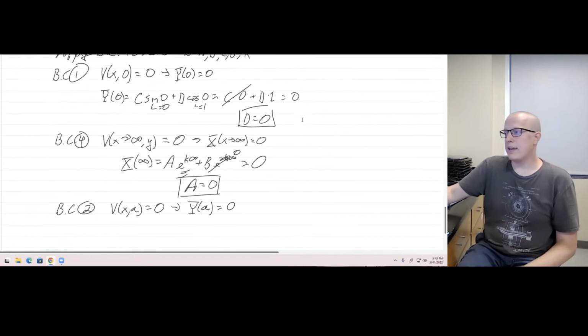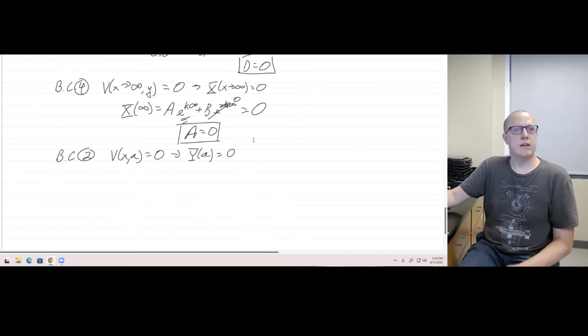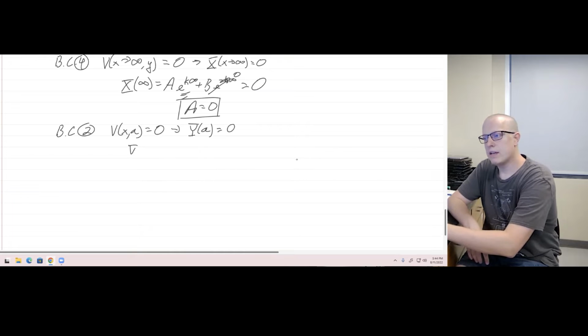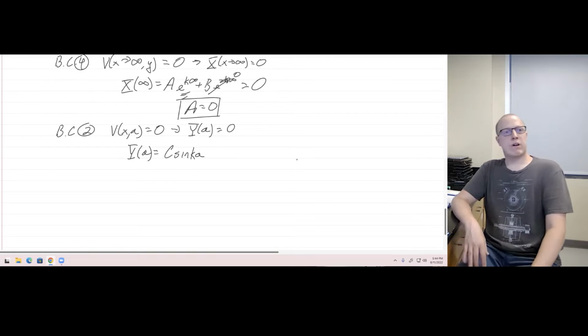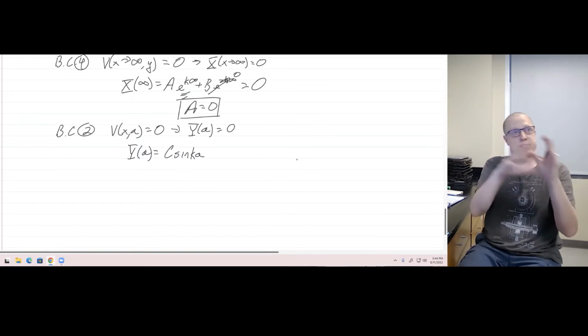But now don't forget that in step 1, we found that d is 0. So we're going to take that into account already. So y at a is equal to c times sine of ka. Right? There's no more cosine because d is 0, and we're doing 0 times cosine.